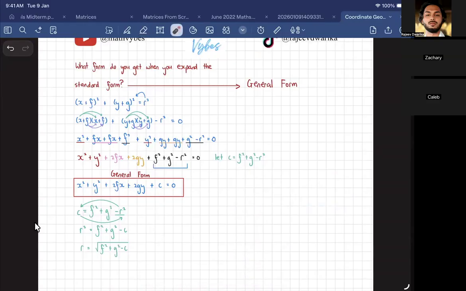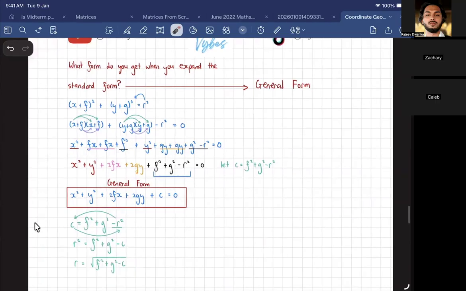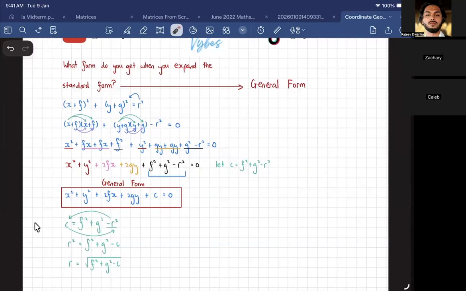So once you have F, G, and C, you could find R. So if you are given the general form and you want the standard form, all you need to do is pull out F, G, and C, find R, and then just write it in the standard form. It's real simple. You could take a screenshot of this.